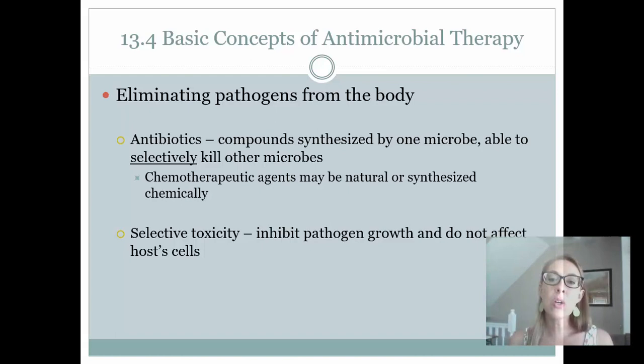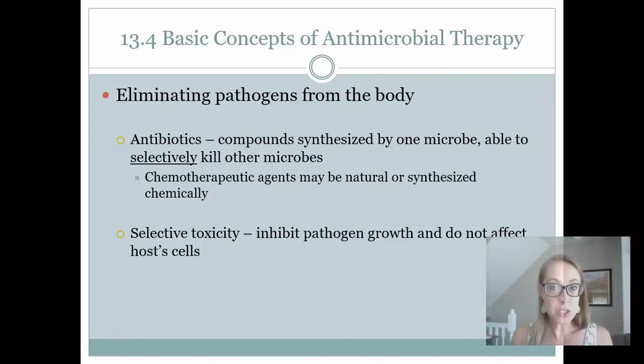We are going to be looking at ways in which we can eliminate pathogens from the body as we move forward. So the term antibiotic refers to a compound, a substance that is made by one microbe and is put out in the environment with the idea that that compound is going to selectively kill competitive microbes within the area.